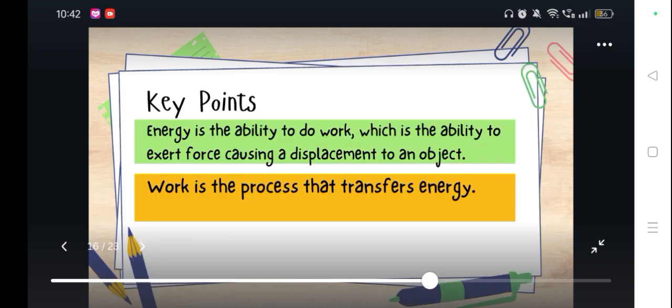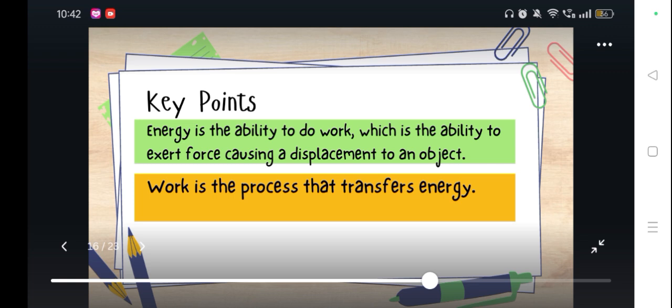So here are the key points in today's video lesson. First, energy is the ability to do work, meaning the ability to exert force causing a displacement to an object. And work is the process that transfers energy.